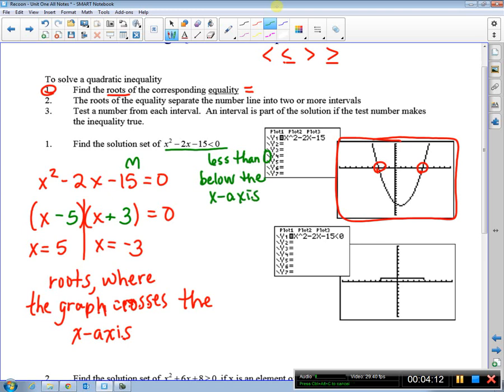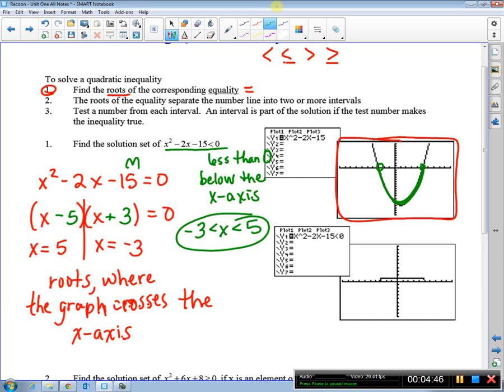If I just look at the picture and I shade this section below the x-axis, then that is the section that is my solution set. And I can tell from that shading that I have shaded everything between -3 and 5. So that interpretation gets us to the answer very quickly.